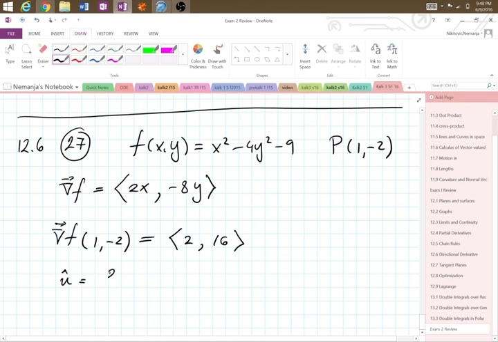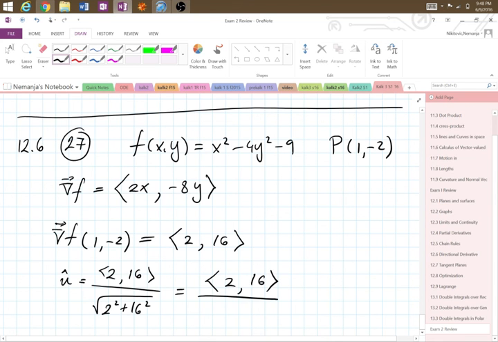And if the magnitude doesn't equal 1, you make it equal 1.